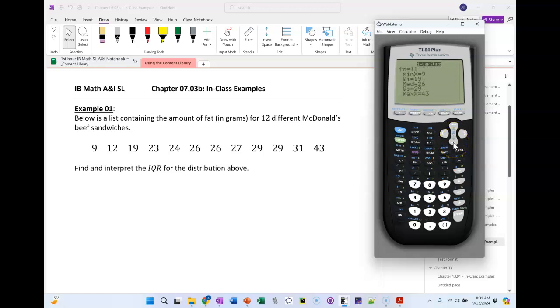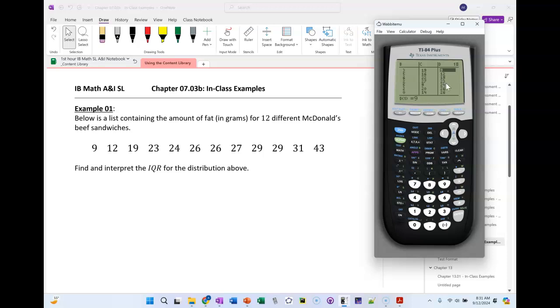So I would have gotten the IQR to be 10. Is that what you guys get? Did I type in a data point wrong? That doesn't match my answer. I must have.